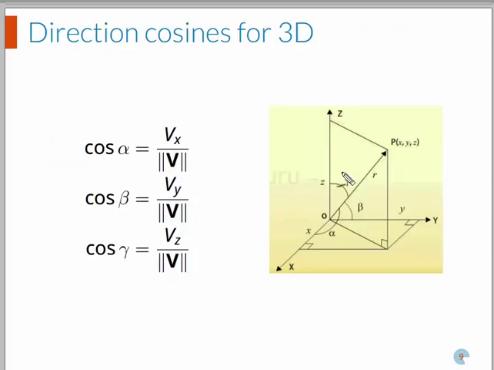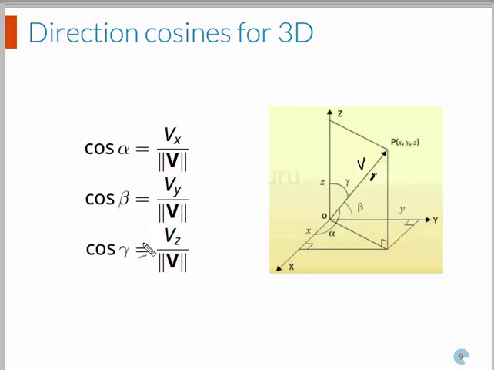In 3 dimensions, we have what are called direction cosines. And they are the cosines of certain angles. Alpha is the angle between the vector, so just the vector up to some point P, they're calling r here, let's just call it v. So here's the vector v, and alpha is the angle the vector v makes with the x-axis. Beta is with the y-axis, and gamma is with the z-axis.